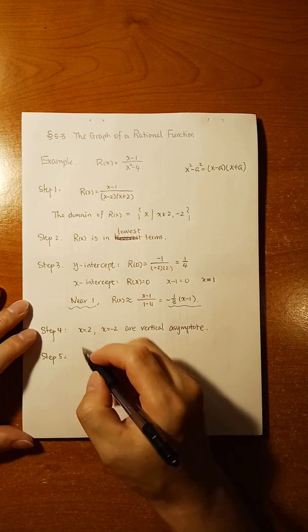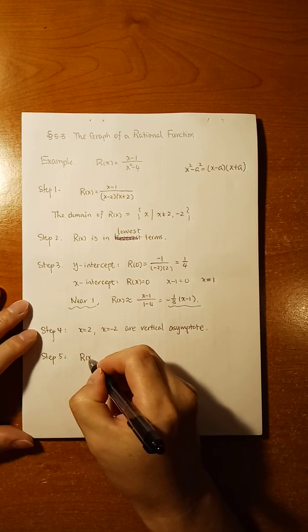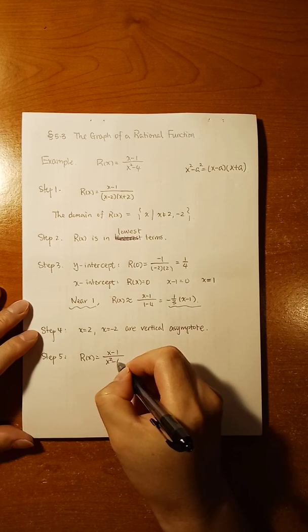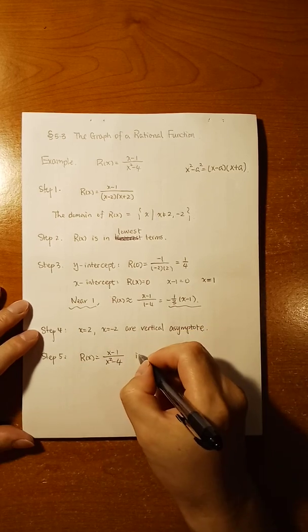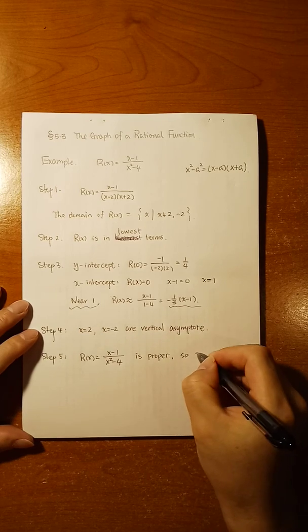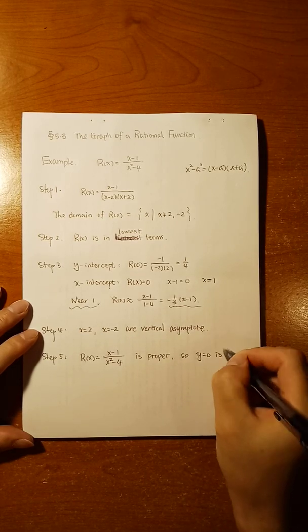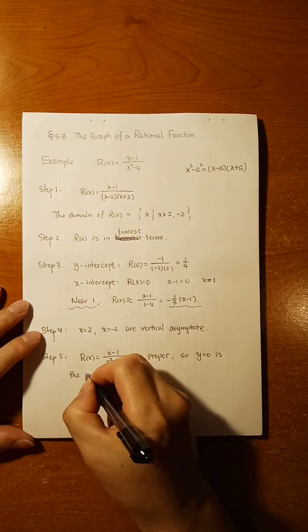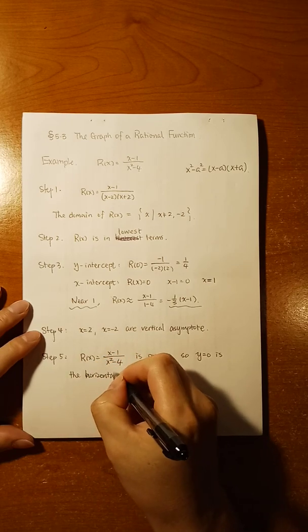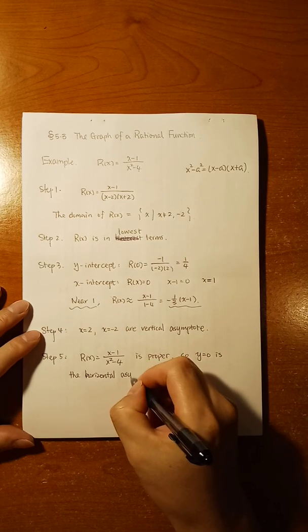First, this rational function is proper. So y equal to 0 is the horizontal asymptote.